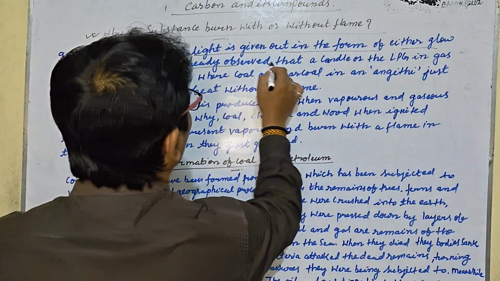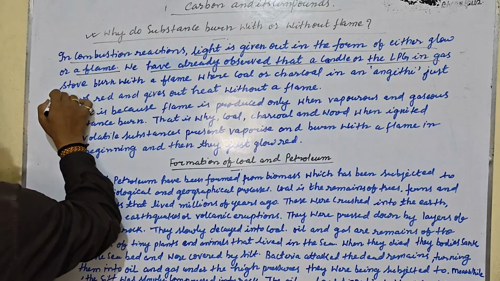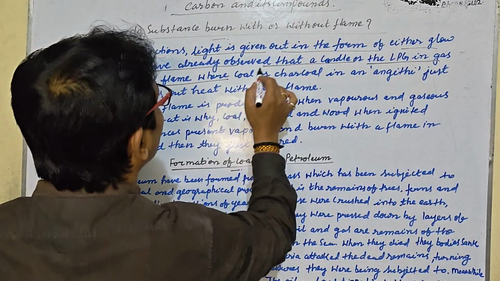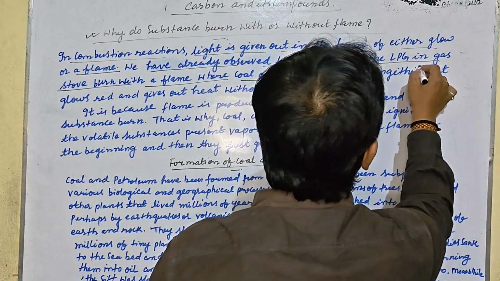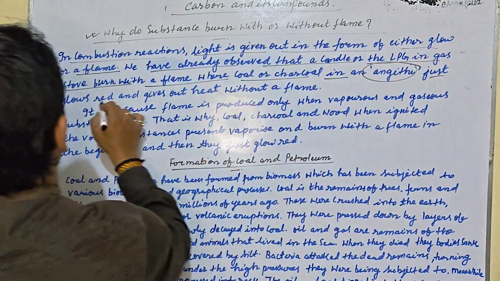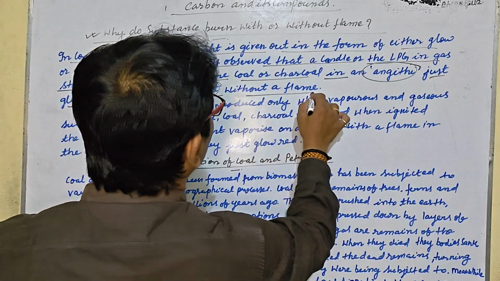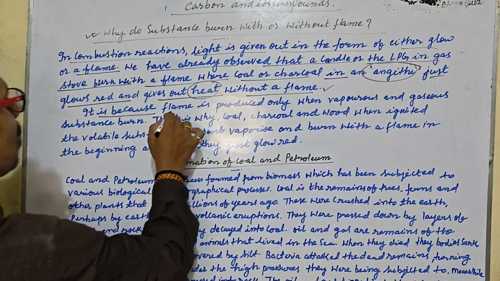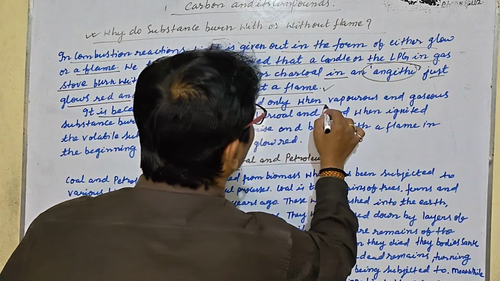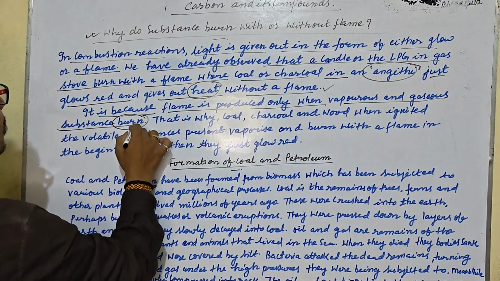We have already observed that a candle or the LPG in a gas stove burns with a flame, whereas coal or charcoal in an angithi just glows red and gives out heat without a flame. So my dear students, it is because flame is produced only when vaporous and gaseous substances burn.